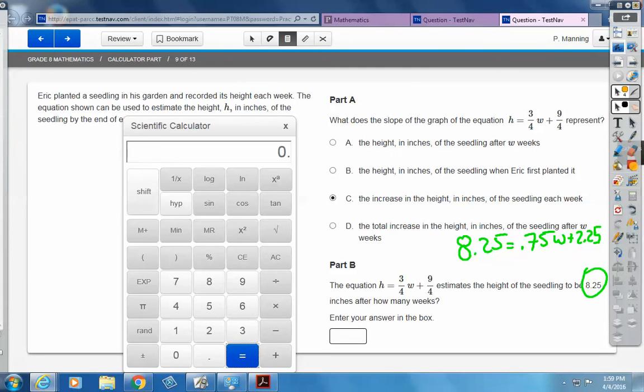All right, so the first thing I'm going to do is subtract 2.25 from both sides, and I will get 6 is equal to 0.75 W. So now 6 divided by 0.75, so it's about 8 weeks. All right, let's go on to number 10.